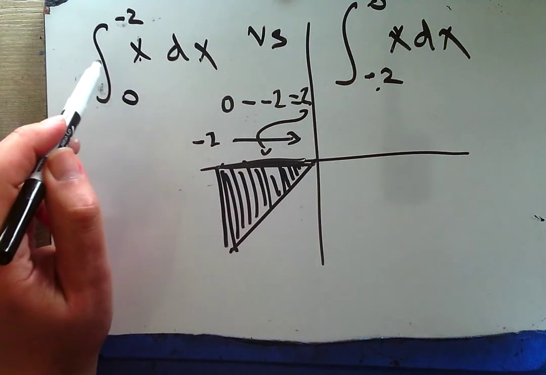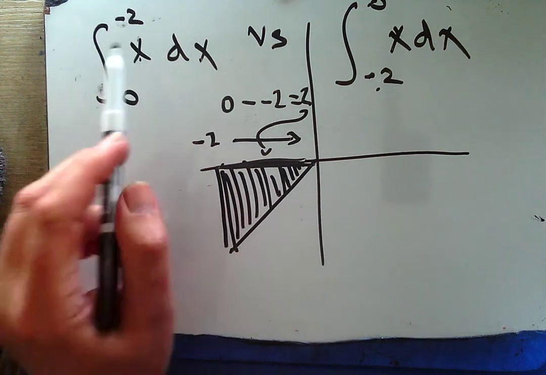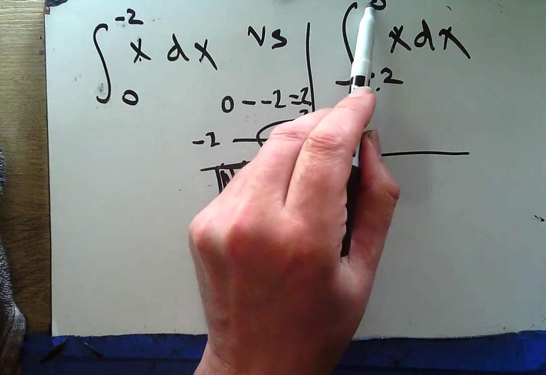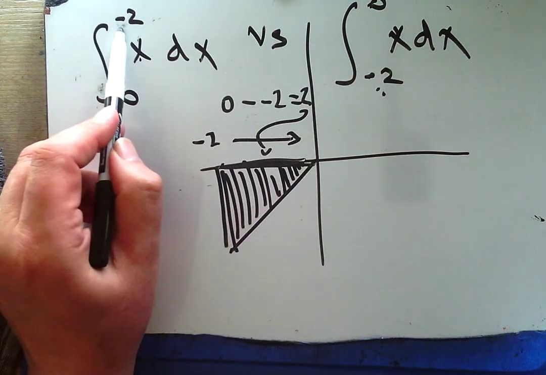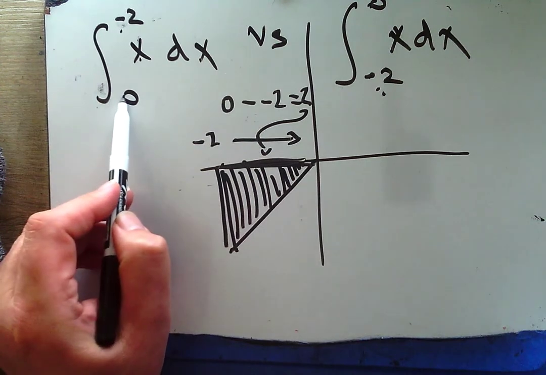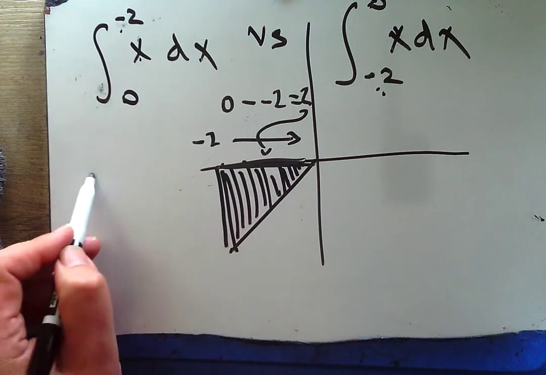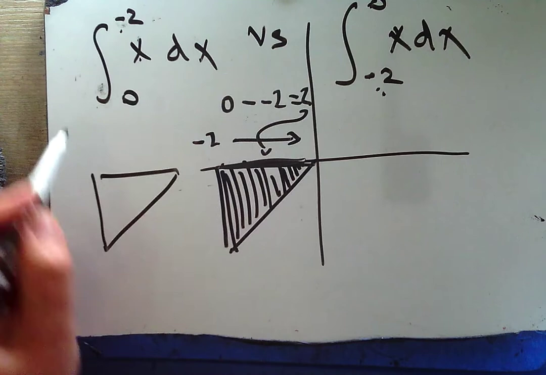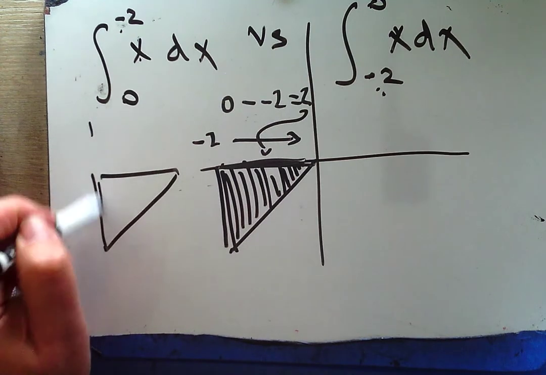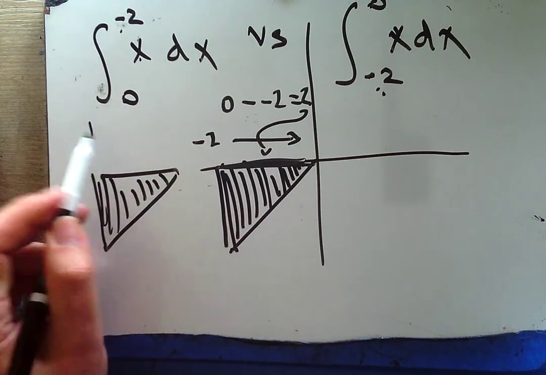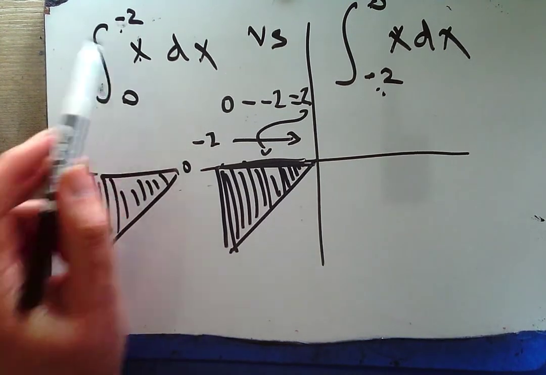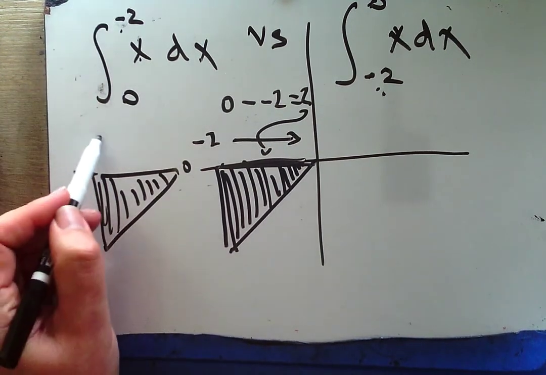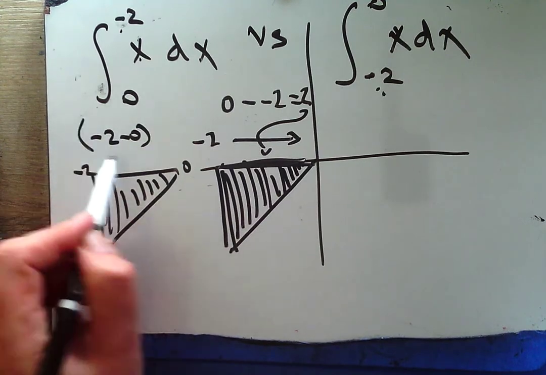But now instead of doing largest minus smallest, I'm doing smallest minus largest. And so what I'm getting in this situation here, -2, 0. Now I'm saying, okay, I'm going to do -2 minus 0.